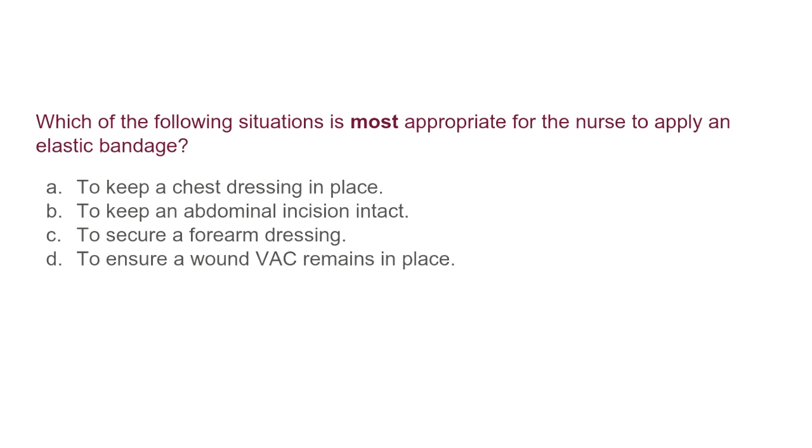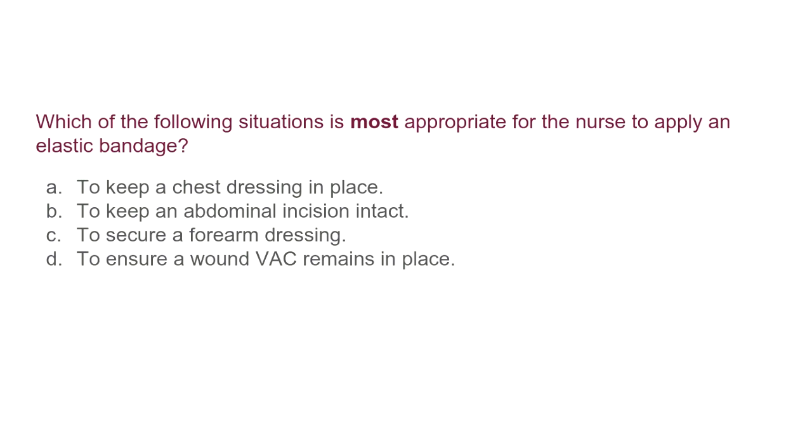To keep a chest dressing or an abdominal incision intact, you would not wrap the patient in gauze or Kerlix. You would use what? What would you use for A and B? Yes, Barb, an abdominal binder. Good.